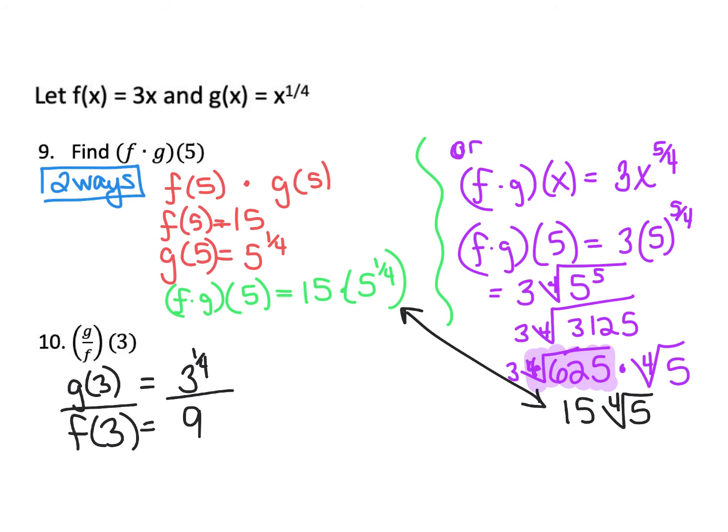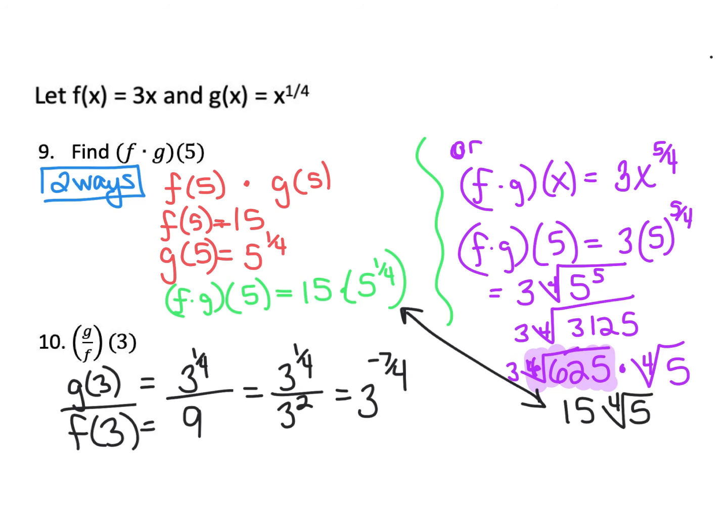And if I want to use some exponent rules, I'm going to actually change this back to 3 squared rather than 9. So now I have like bases. I could keep the base and take the top exponent minus the bottom exponent. So 1/4 minus 2 would be to the negative 7/4.